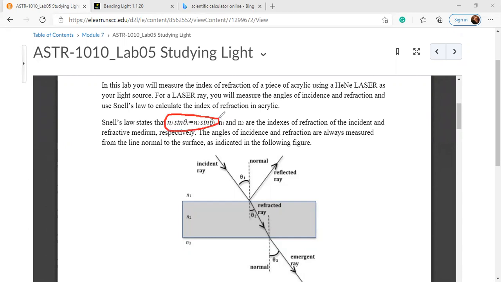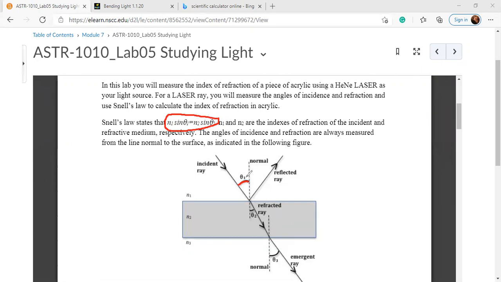This law gives you the relationship between angles. We call this the angle of incidence, the angle the incident light ray makes with the normal. This is an imaginary normal; you can draw a perpendicular line to the surface at which the incident ray is making contact.